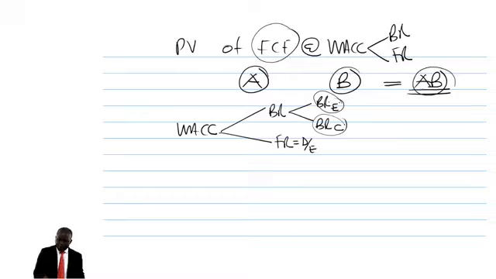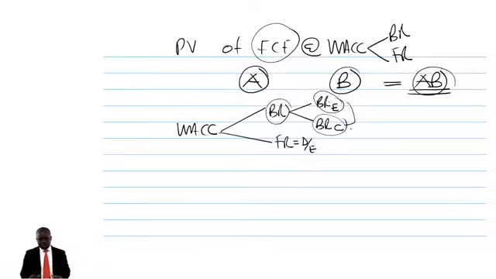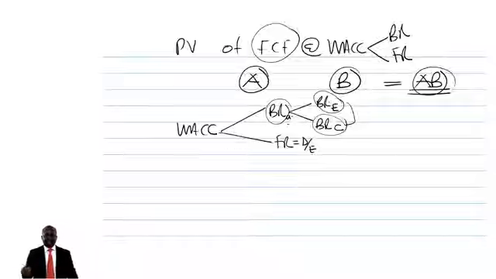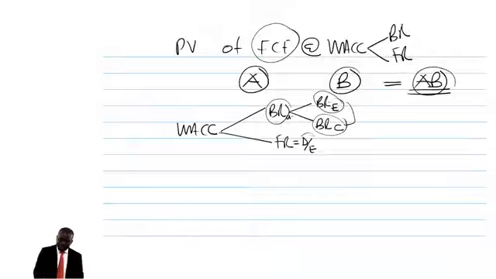Then my overall business risk will be the combination of the two. And if you remember, I told you, you don't just add them. You have to find the weighted average, because you are not doing 100% of them. So you have to find the weighted average to get what is called the combined asset beta. So when I get the combined asset beta, then I ask myself, is my new company going to have debt?